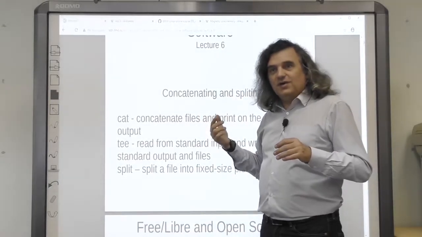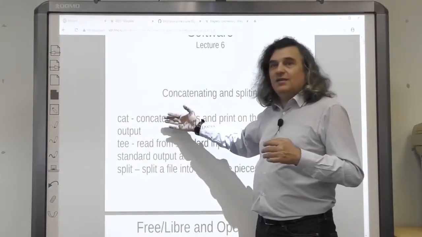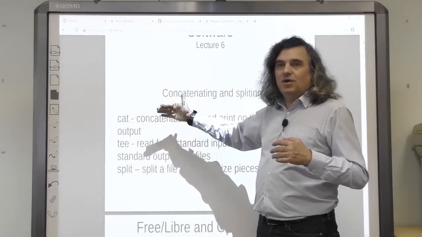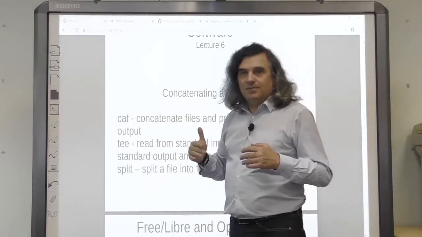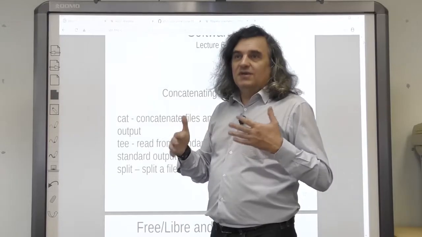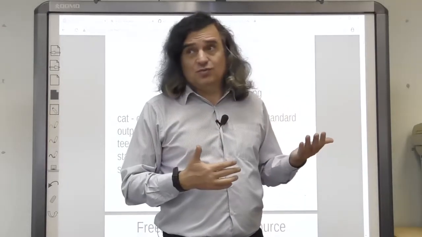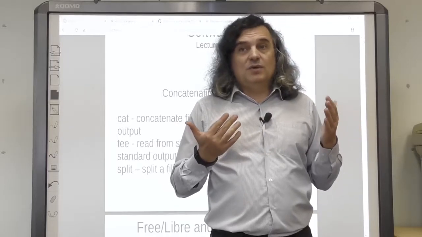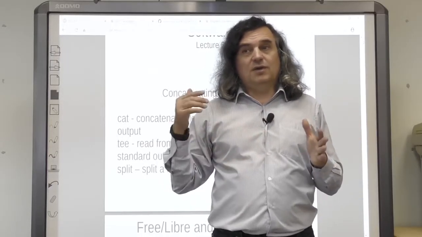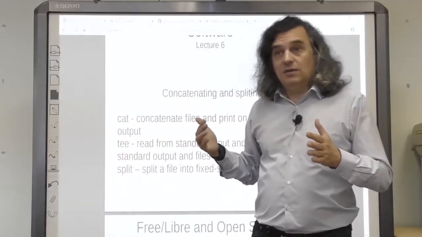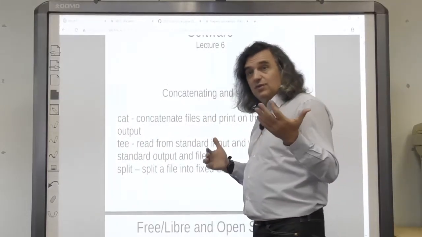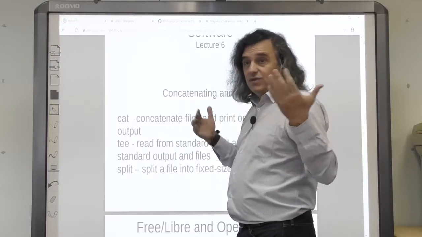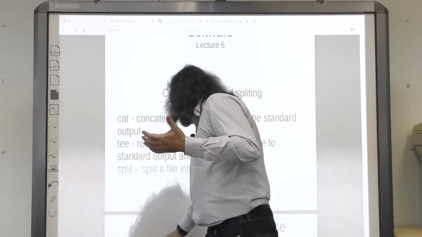With no arguments, cat simply copies standard input to standard output, and as we understand, we can just redirect the output to a file, and this will be the easiest way to create a new file.